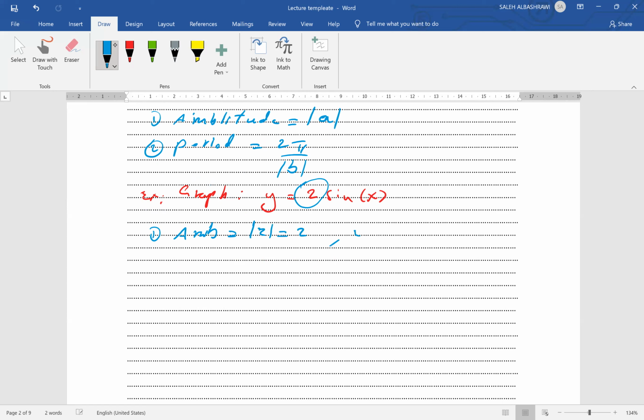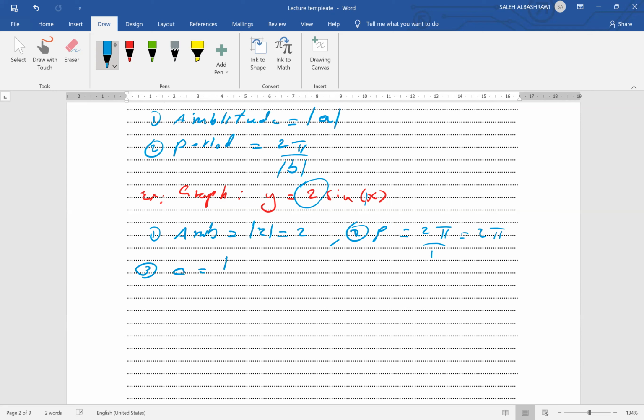Number 2, the period. I'll use P for the period. It is equal to 2 pi divided by the coefficient of x, which is 1. So 2 pi divided by 1 equals 2 pi. The period is equal to 2 pi. And sometimes we find something called delta.